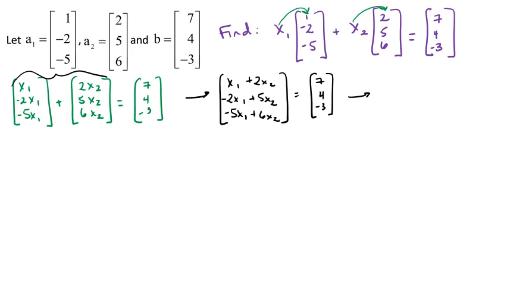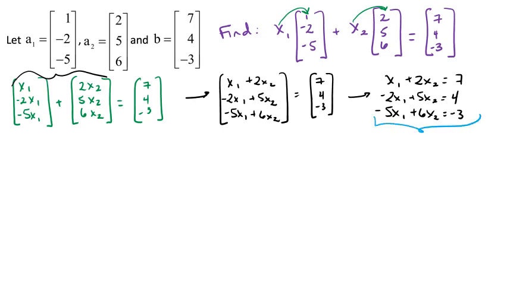I know that because this can be written as x1 plus 2x2 is equal to 7, negative 2x1 plus 5x2 is equal to 4, and negative 5x1 plus 6x2 is equal to negative 3. So if I have this system of equations, I can write that as an augmented matrix to solve.